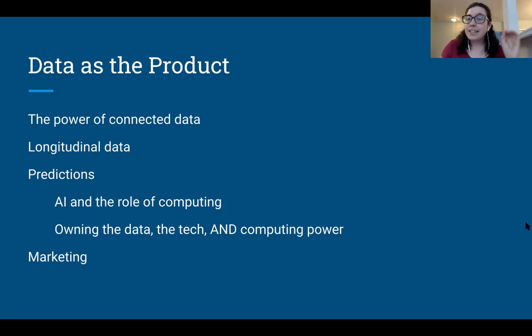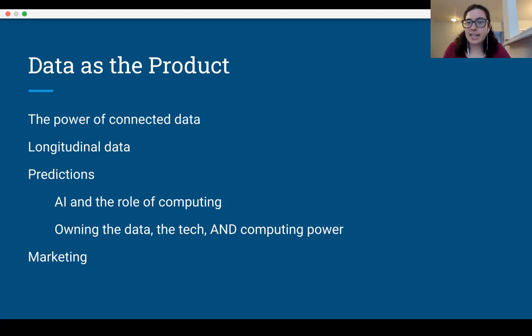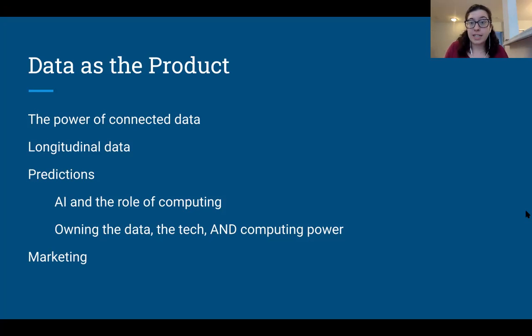And so one of the interesting parts of big tech is that big tech not only owns and creates the data and is able to gather the data however they see fit, they also own the technology, and especially in the instance of Amazon and Google, also own the computing power and the AI behind it, which has implications including marketing, but also implications well beyond marketing.